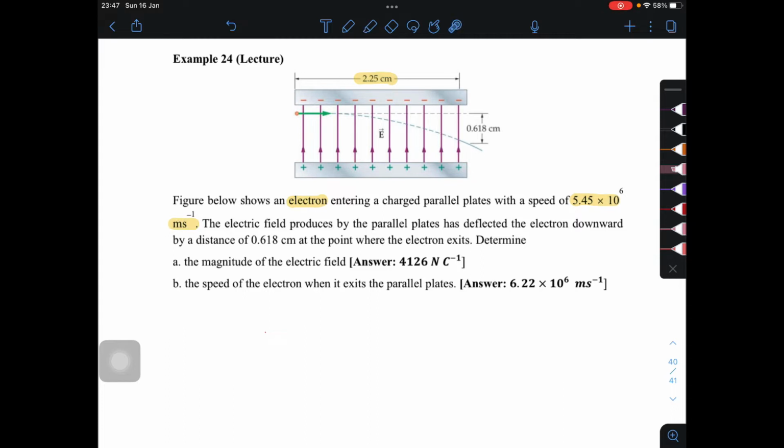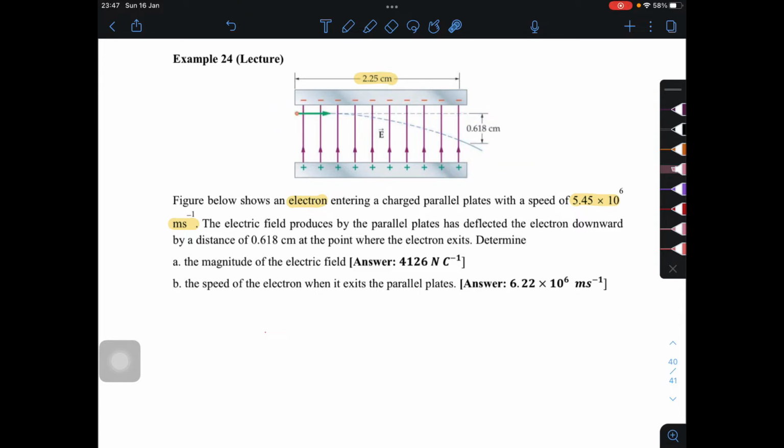When it enters, it deflects towards the positive charge, and then it exits the region with a certain velocity here. And the distance from where it enters and where it exits is given here.